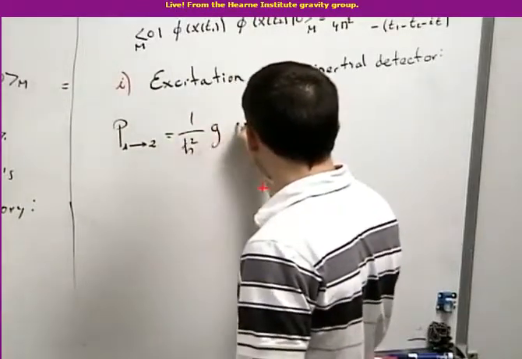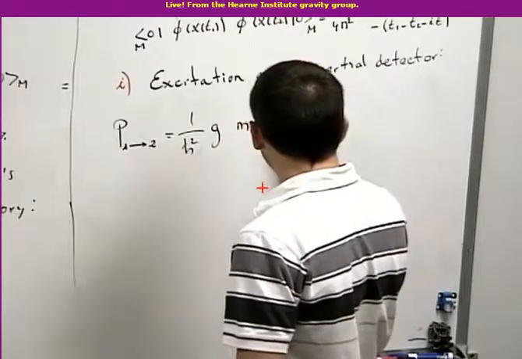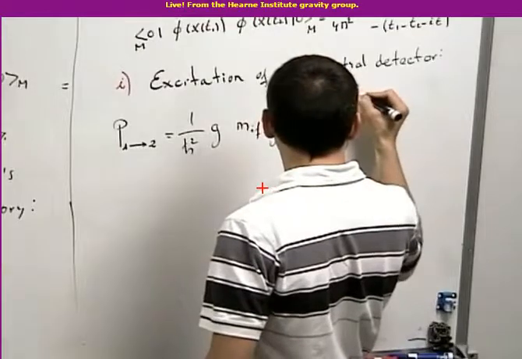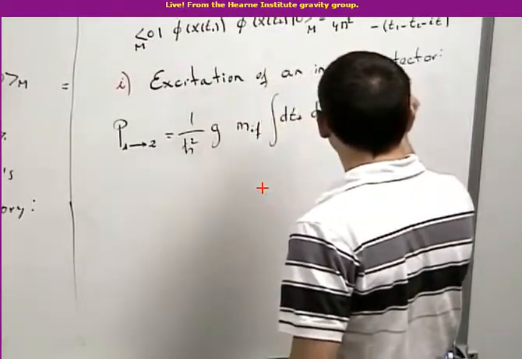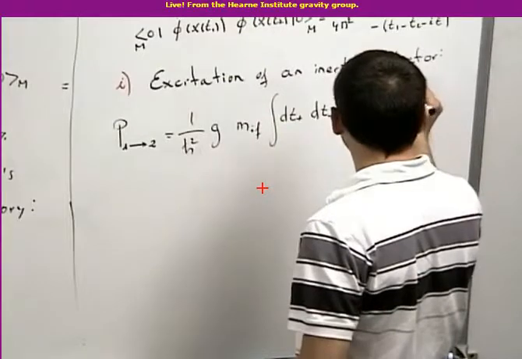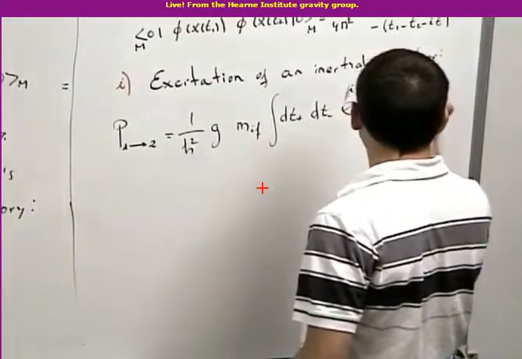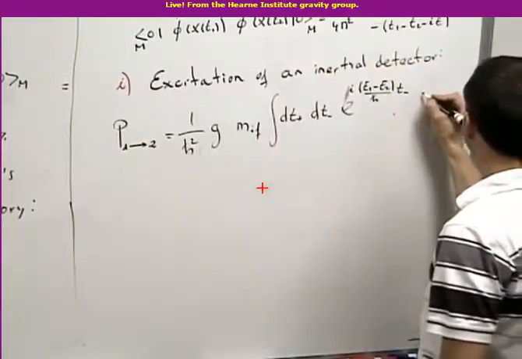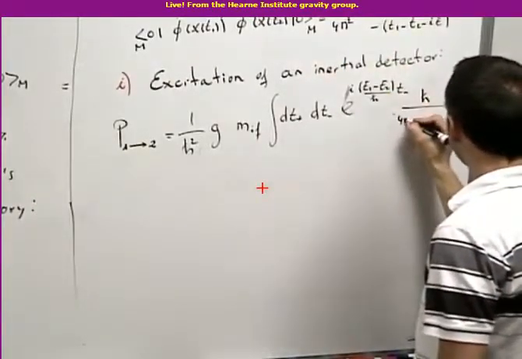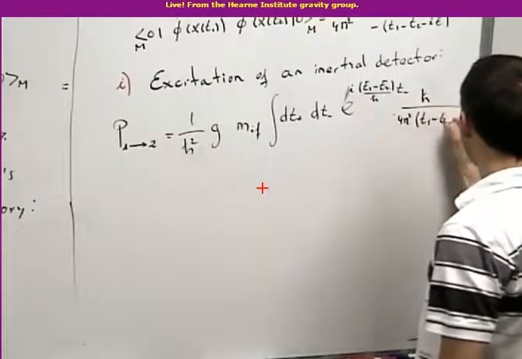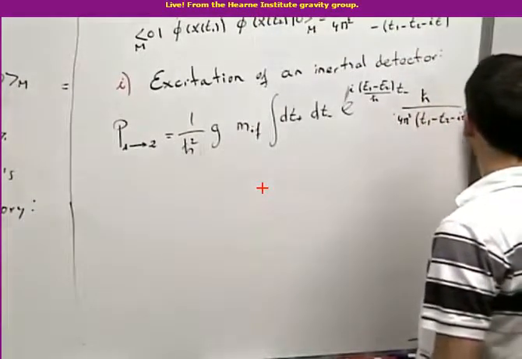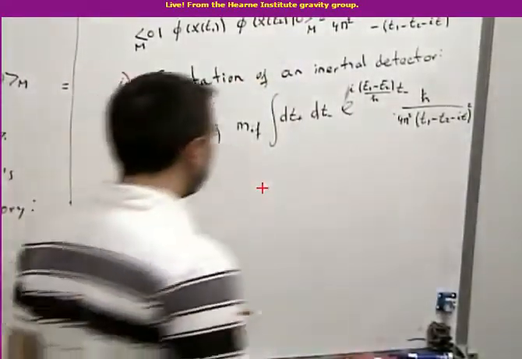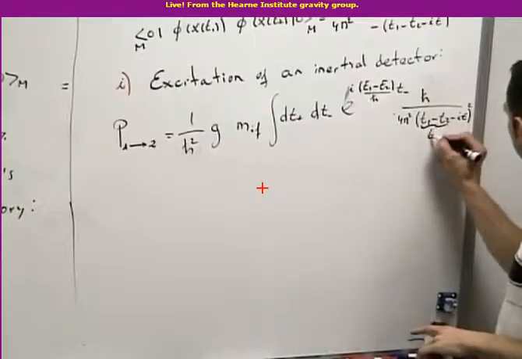Just copying what I have from there: integral in t plus, integral in t minus, e to the i, e1 minus e2 over h bar t minus, times the two-point function. The two-point function is just this one: h bar over 4 pi squared, t1 minus t2 minus i epsilon, squared. This is t minus, as I told you that it was going to be.